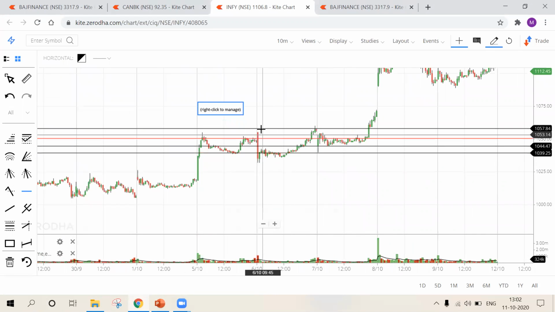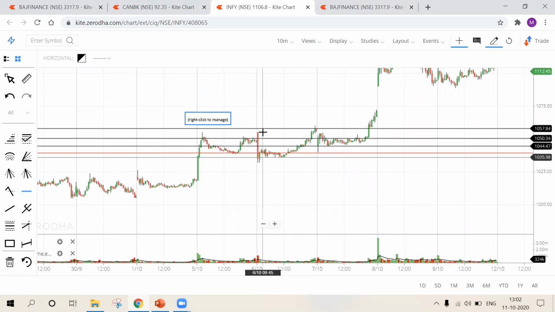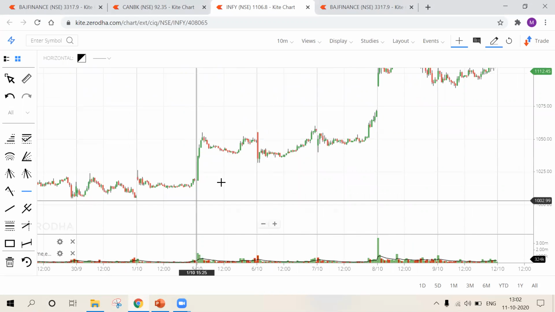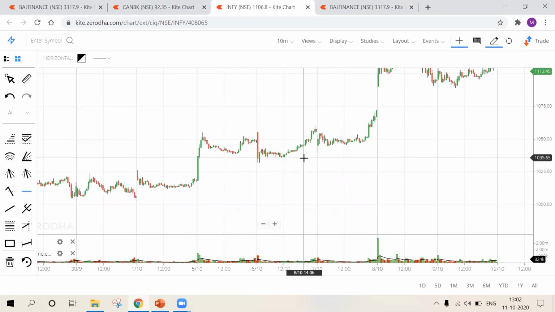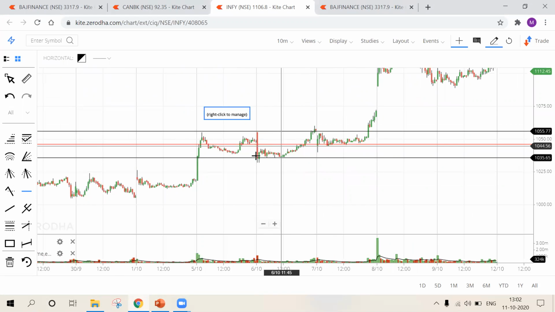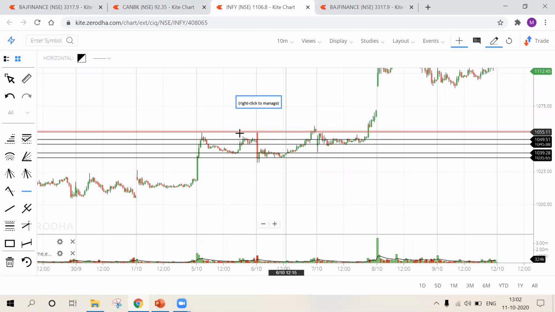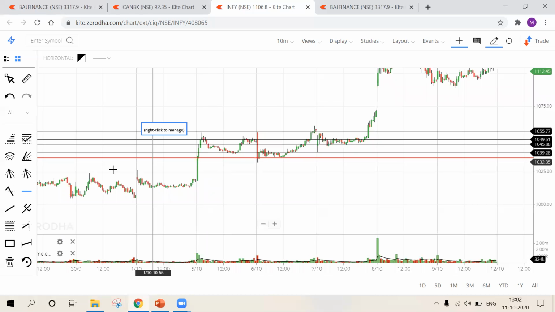So you should not go and draw all 100 lines and call them strong support and resistance levels. Okay, you should be drawing only effective support and resistance levels. Okay, like this. You should not draw this line and this line. That will make you confused, and that makes your trading messy.